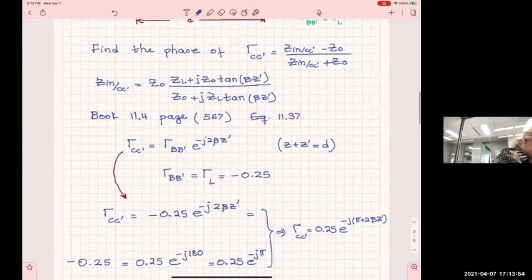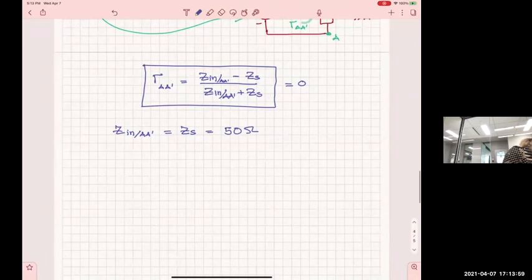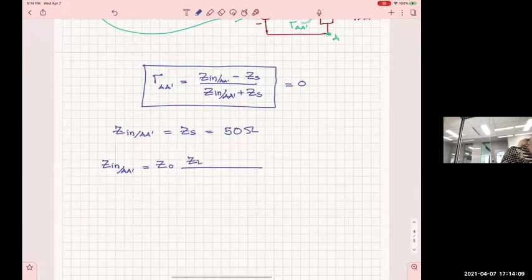So let me now write it again. Z input at AA prime equals Z naught times ZL, which is given, plus j Z naught tangent of beta D, over Z naught plus j ZL tangent of beta D. We want that to be 50 ohms.